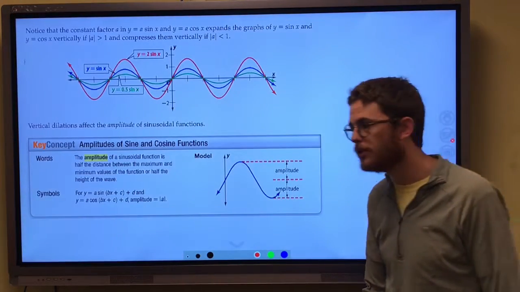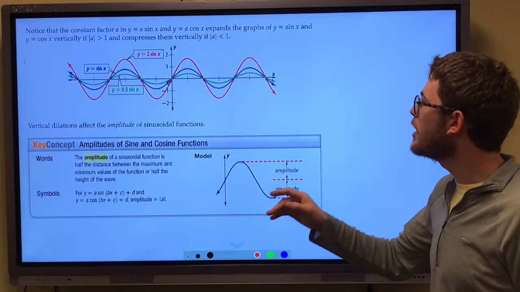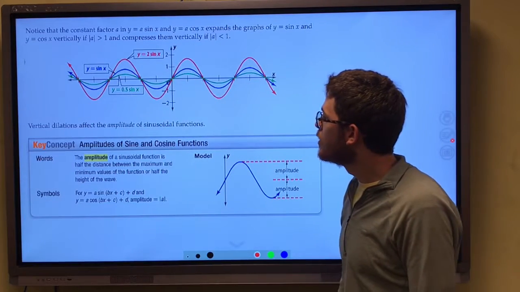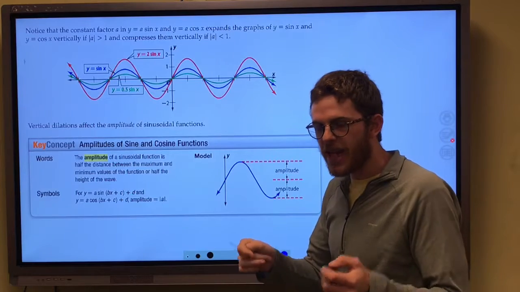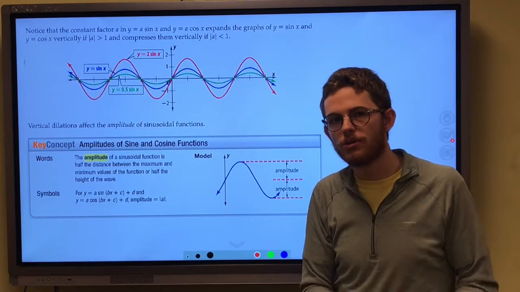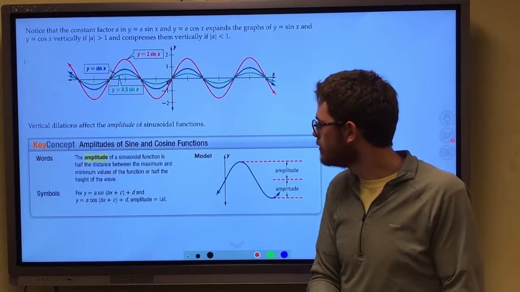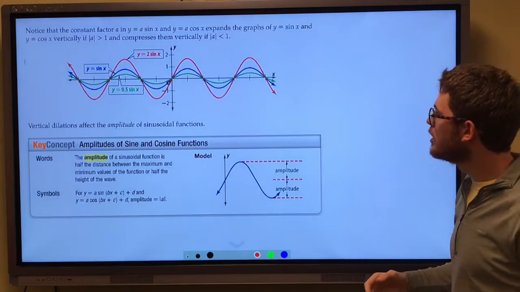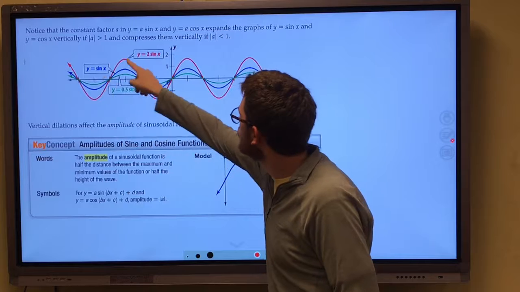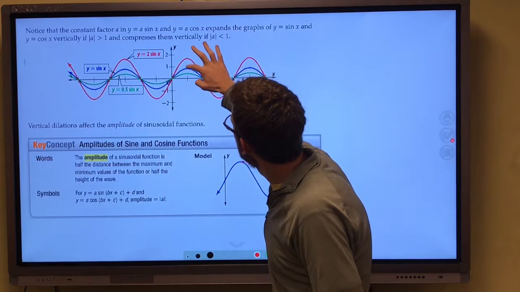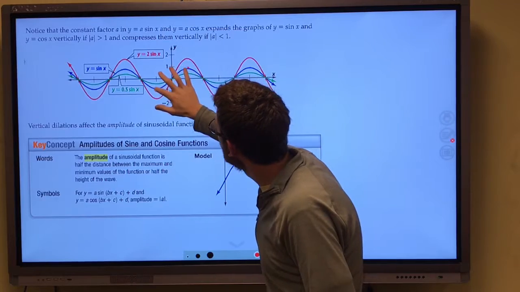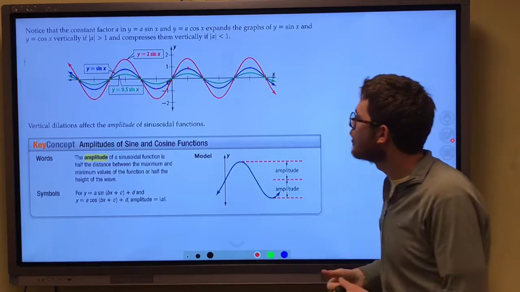That is the amplitude. So when we're thinking about a sine function, y equals sine x, well, the amplitude is naturally going to be 1. If we graph a regular sine function, notice this blue is the regular sine function, the height is at 1 and the lower height is also at 1.